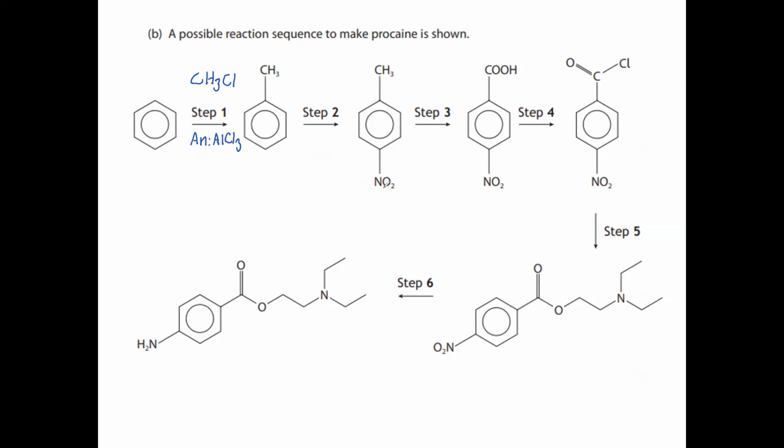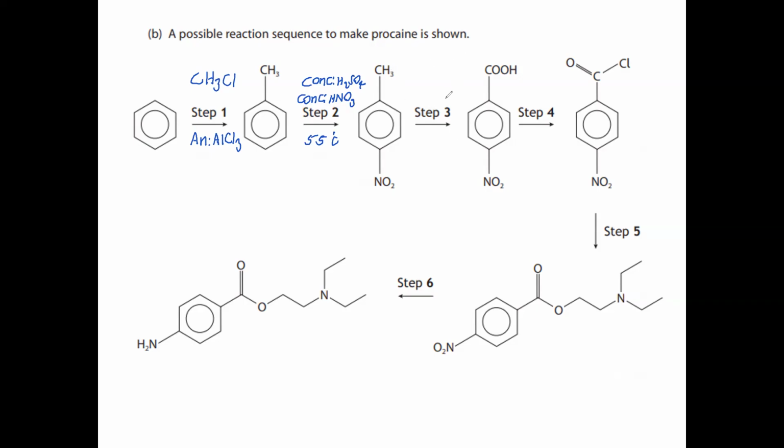Then in step 2, you need an NO2 group attached to this molecule. To add an NO2 group, you need the nitration mixture. Nitration mixture means concentrated H2SO4, the catalyst, and concentrated HNO3, at a temperature around 55 degrees Celsius. Then in step 3, I need to make this CH3 group COOH.